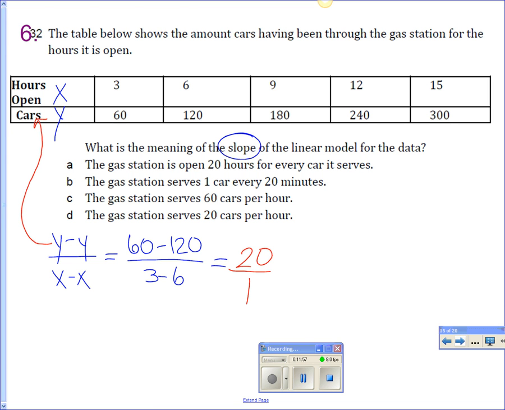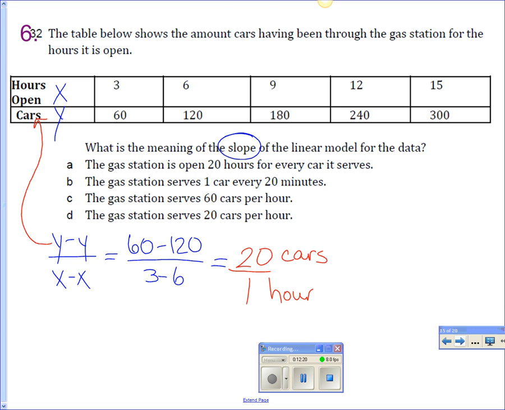So please write this on your paper. It's 20 cars because it's on top. And for slope, the y is on top, and the y is cars. On the bottom is your x's. What is the x? So this is 1 hour. So label, label, label. It's 20 cars in 1 hour.